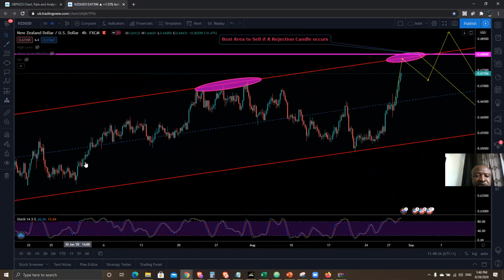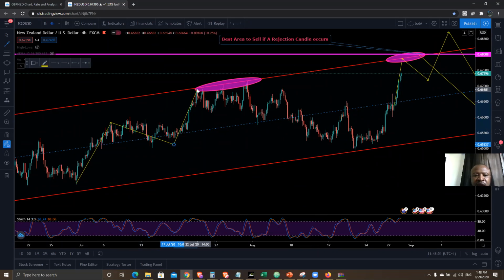So we have a potential reason to say maybe this is an impulsive move, right? And then the entire correction, and then we have a continuation, right? And this continuation did not just give us the sell-off. We have a correction.